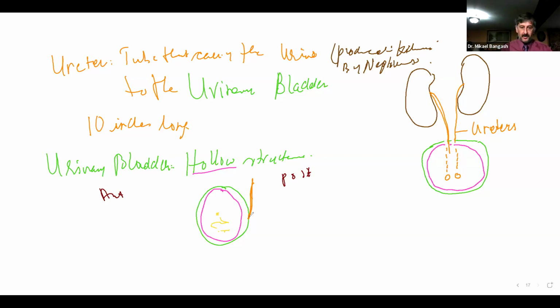By running posterior to the urinary bladder and eventually opening up into it. Now, guys, the wall of your urinary bladder is going to be loaded by muscles.